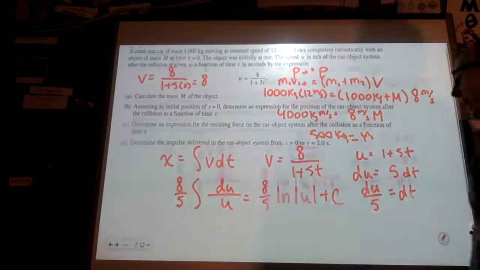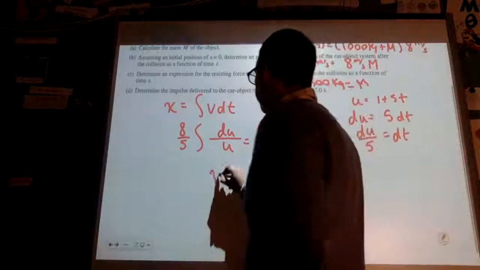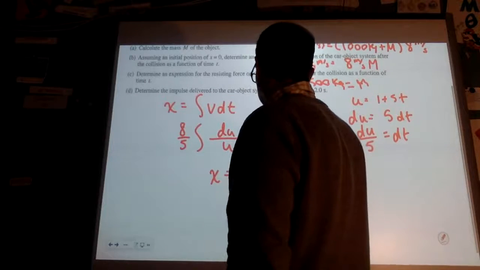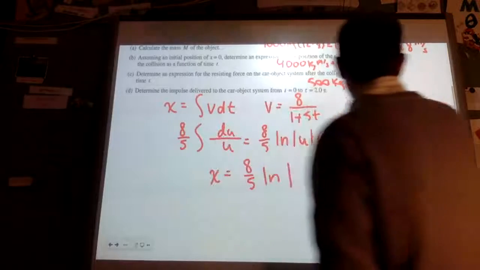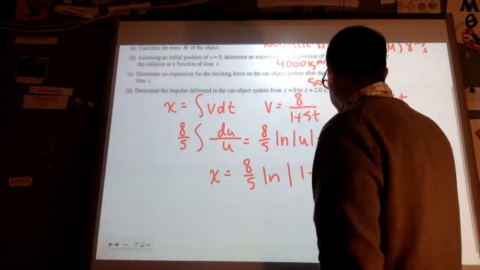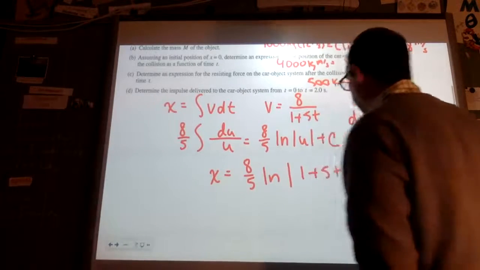All right, so this is going to be what x is equal to. And I'm going to substitute back in for my u: 1 plus 5t, plus c.